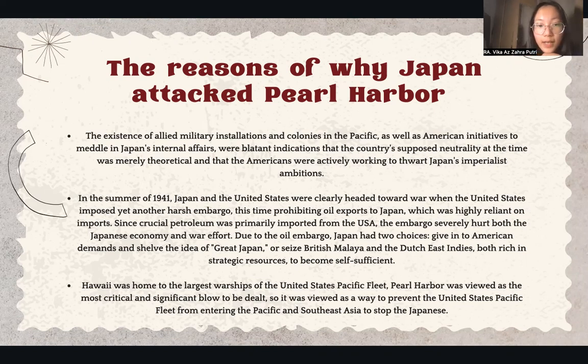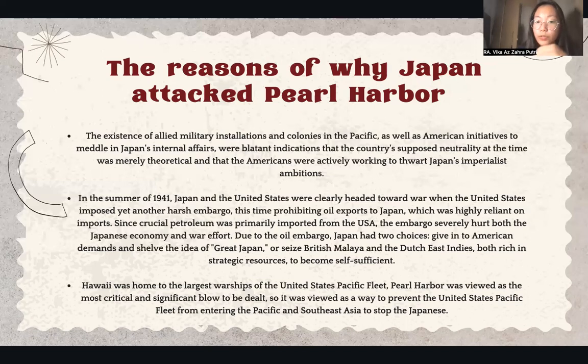And the second is that Japan and the U.S. were clearly headed toward war when the U.S. imposed yet another harsh embargo. At that time, it prohibited oil exports to Japan, which was highly reliant on imports. Because the oil was primarily imported from the USA, the embargo severely hurt both the Japanese economy and war effort.